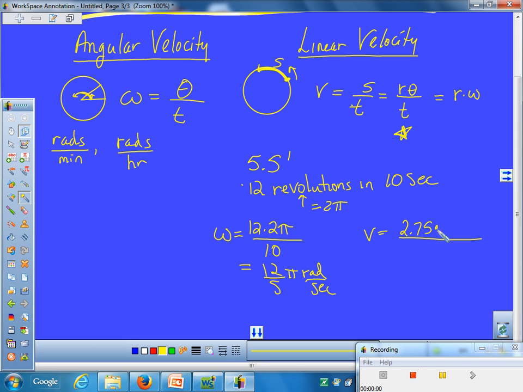His angle we already knew was the 24 pi, the 12 times 2 pi. He did 12 revolutions in 10 seconds. Think of this as his diameter, from fingertip to fingertip across was 5.5.